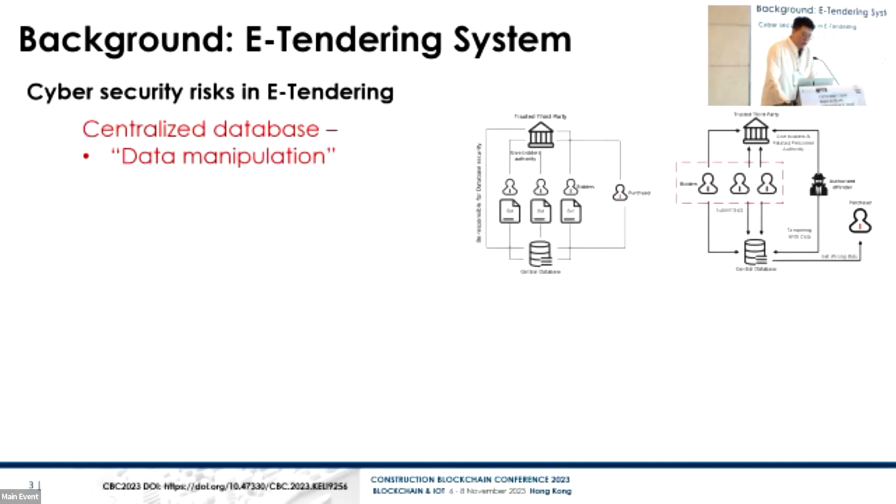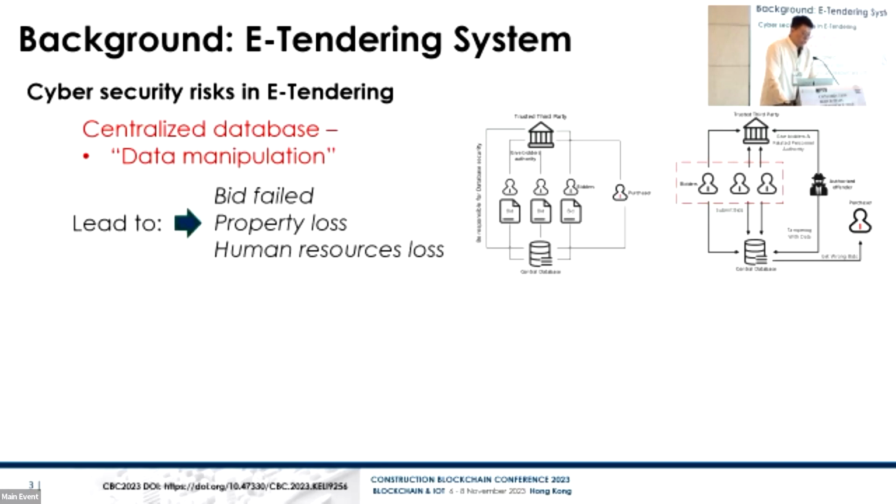But we find that e-tendering systems have some cyber security risks, like using a centralized database, which has the risk of data manipulation. Data manipulation in a centralized database can lead to failed bids, property loss and human resource loss.